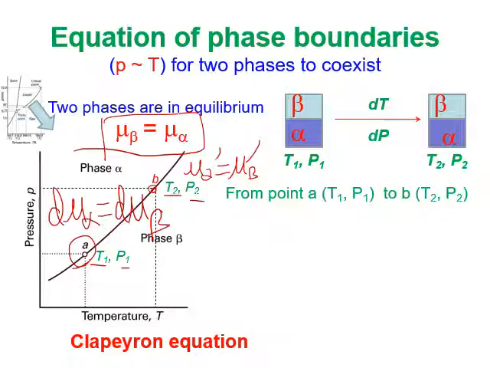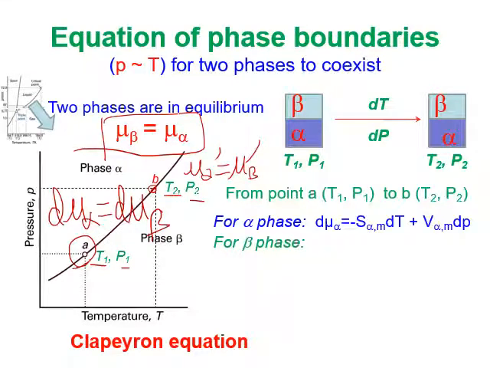According to the fundamental equation, the chemical potential change can be calculated by negative entropy times temperature change, plus volume times pressure change. For the alpha phase, we use the molar entropy of the alpha phase and the molar volume of the alpha phase.